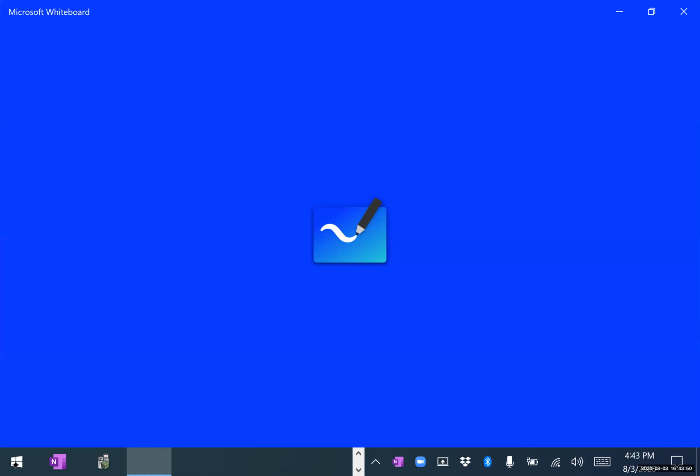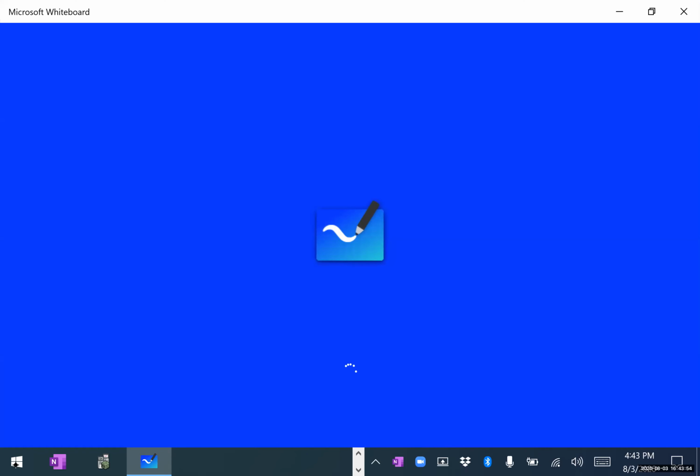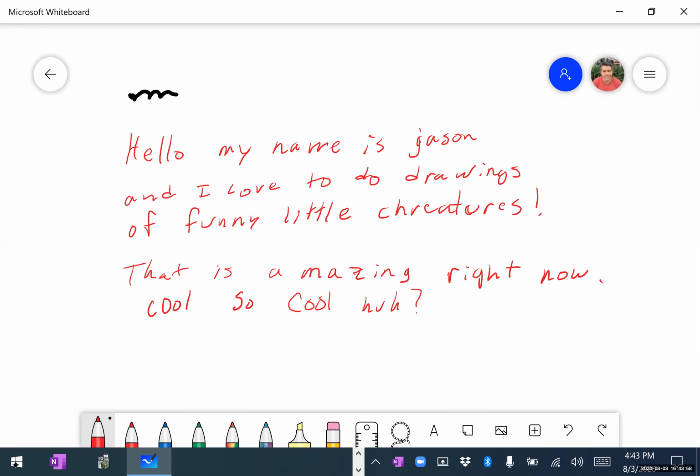Or maybe whiteboard. Let's see what happens when I do Microsoft Whiteboard. Will this allow me to write and continue to write? I don't know if this is what I wrote or if this is something that one of my children wrote. Okay, what does it say?